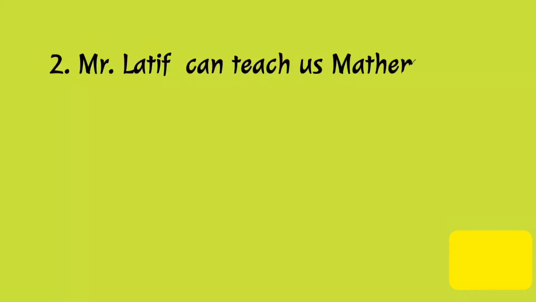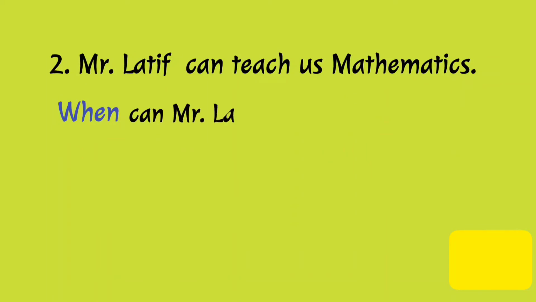Example number 2 also uses an auxiliary verb, can. Mr. Latif can teach us mathematics. Now, here we have the auxiliary can, and then the pattern. For example, we want to ask when. When is the time, not the subject, so we have to follow the rule. When plus auxiliary verb can, and then the subject Mr. Latif.